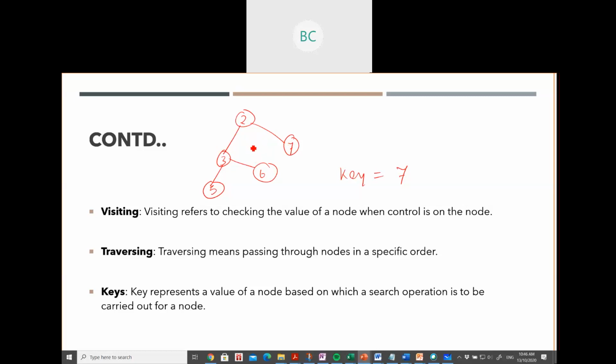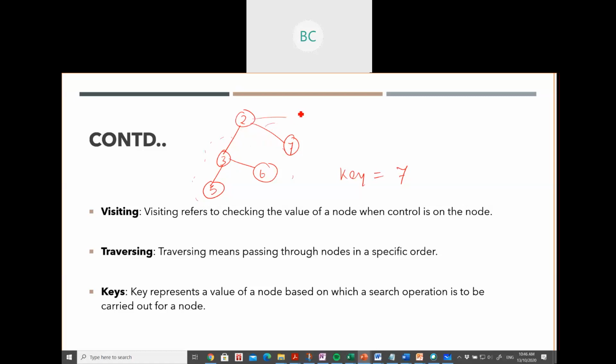Okay. Then there are different ways of traversing. We will discuss those things later on. Normally we always start from the left. Once we finish searching in the left subtree, only then do we go to the right subtree.